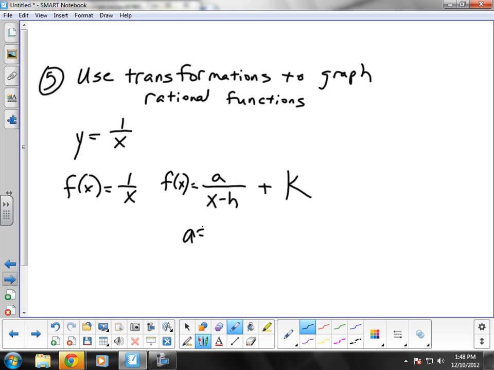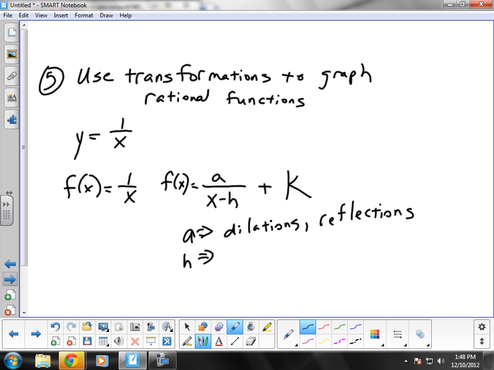What does a give me? Dilation and reflection, right? If a is positive, it's going to go the normal way. If a is negative, it flips it upside down. If a is a number bigger than 1, it makes it skinnier. If it's a number between 0 and 1, it makes it wider. Yes? Okay?